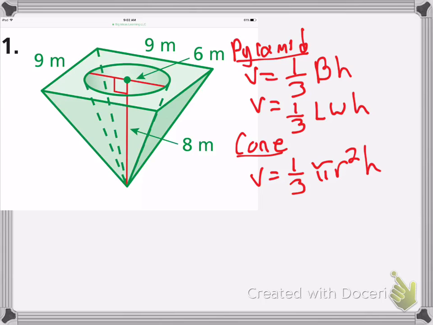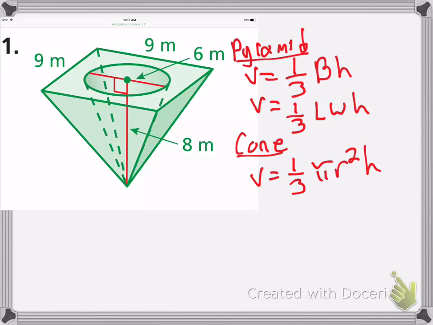Alright, on our next one, we have the volume of this composite figure. We have a square pyramid, and we also have a cone. Find the volume of this composite figure.